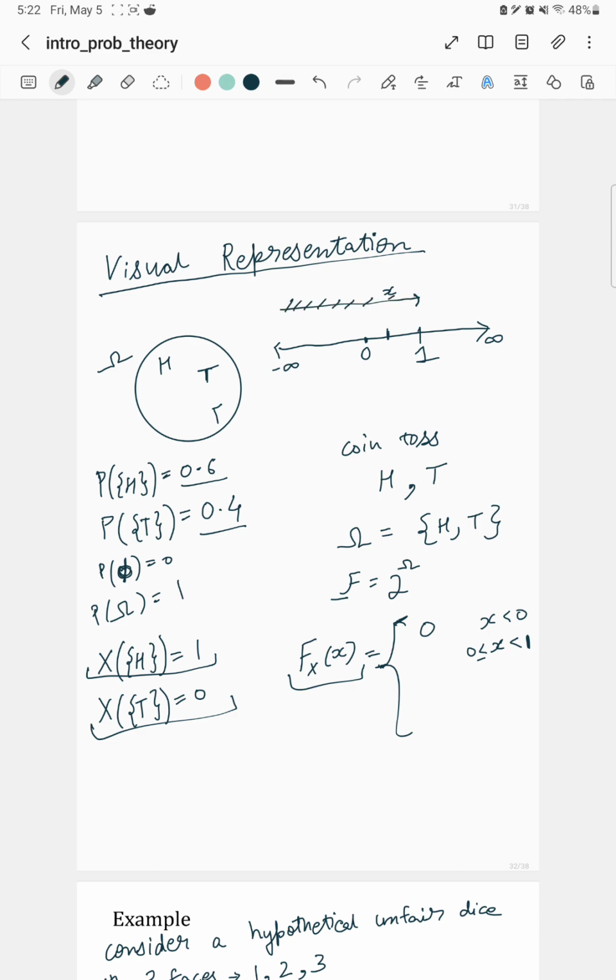This is a Borel set B, and we know that 0 lies in this Borel set. If I take a pre-image of this Borel set, it would point to tails.